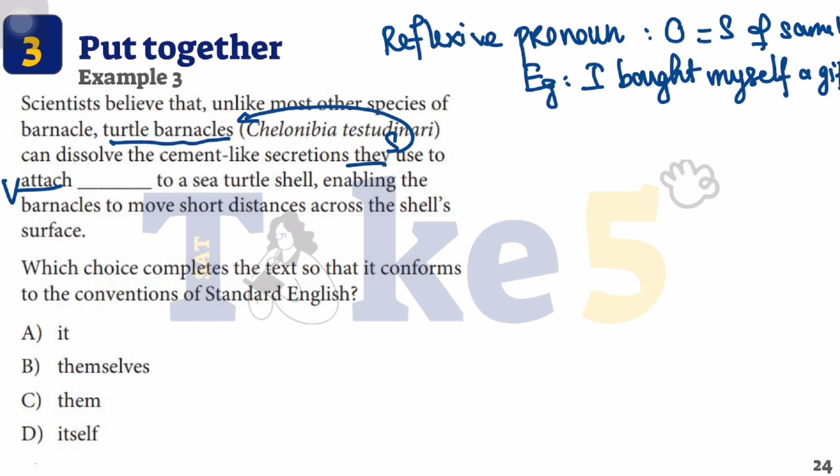So the turtle barnacles use the secretions to attach themselves to a sea turtle shell. Obviously, they have to attach themselves. Other pronoun references like "it" or "them" will not refer to anything else, so they are incorrect answers. If D is correct, then the subject also has to be "it" as well.